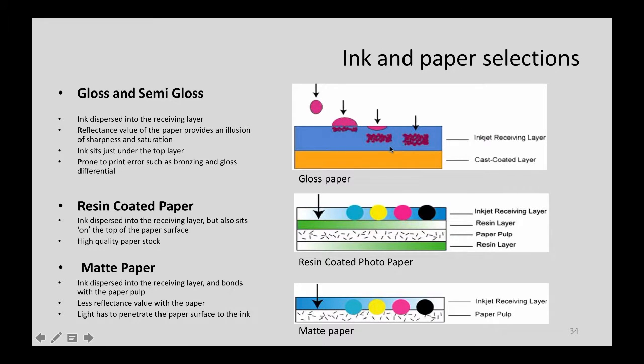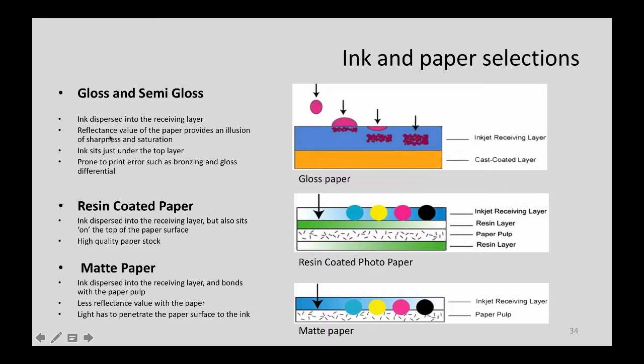They're really quite a simple paper. The ink is delivered to the paper through the print head, and it sinks into the ink receiving layer and just sits underneath the paper. This looks like quite a bit of depth, but I can tell you now it just sits underneath that gloss level there.